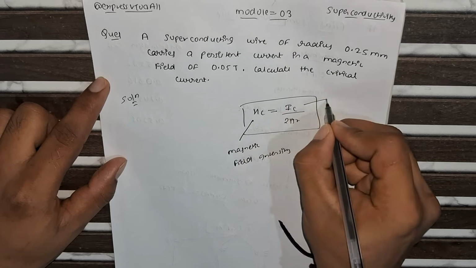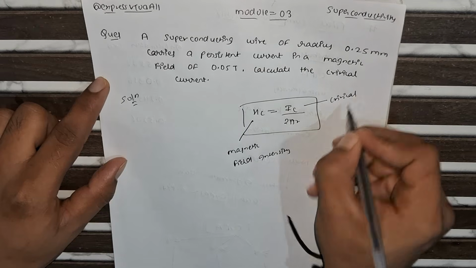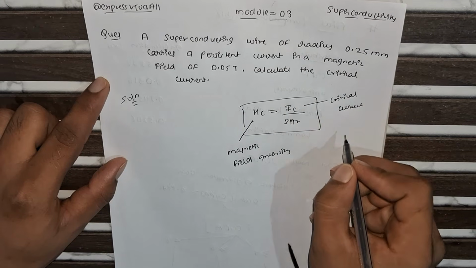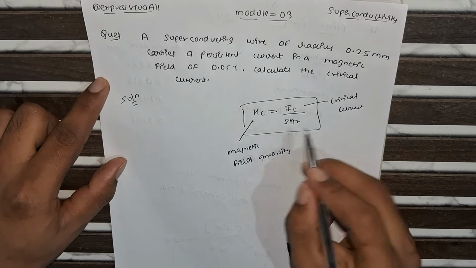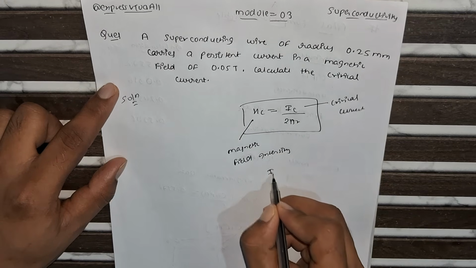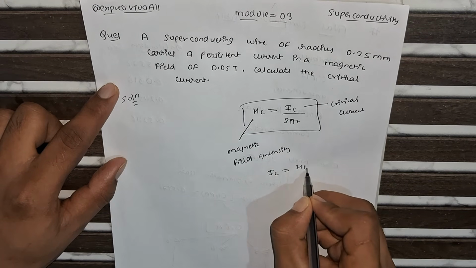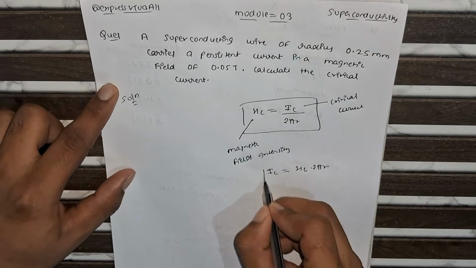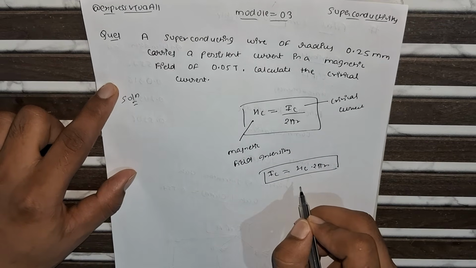This critical current is given by the Ampere law. So this is the expression which is given by the Ampere law. So now our critical current equals Hc into 2 pi r. This is for calculating the critical current.